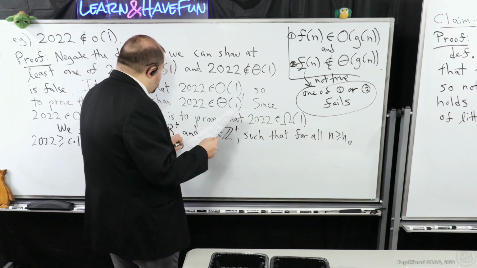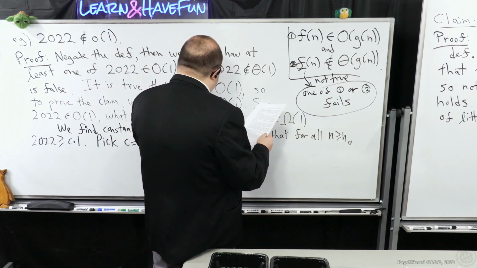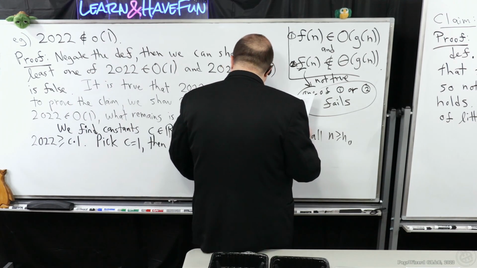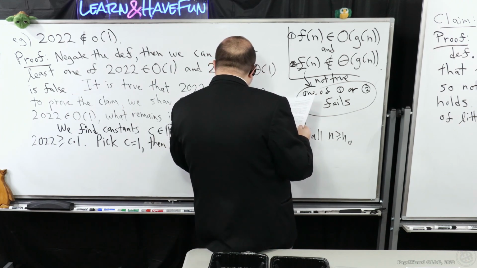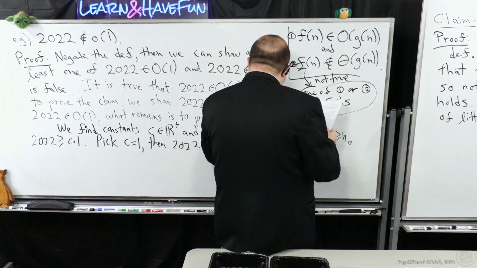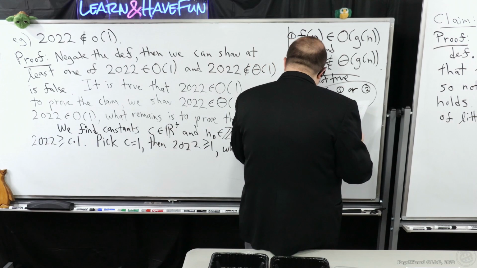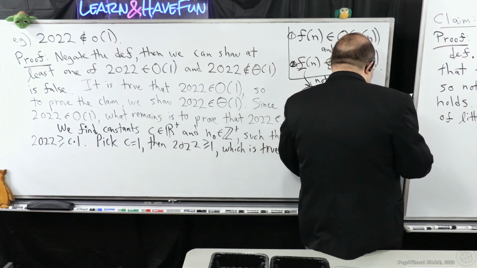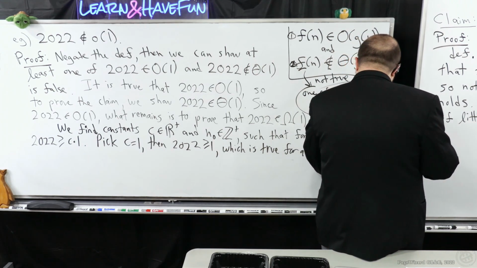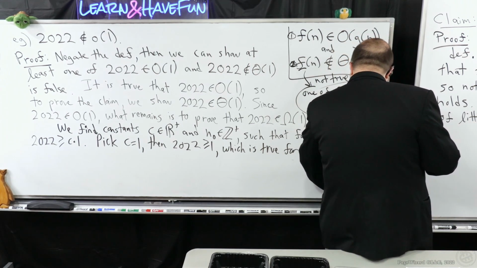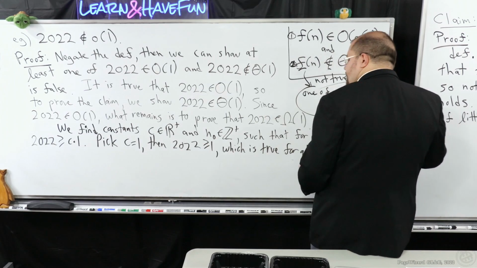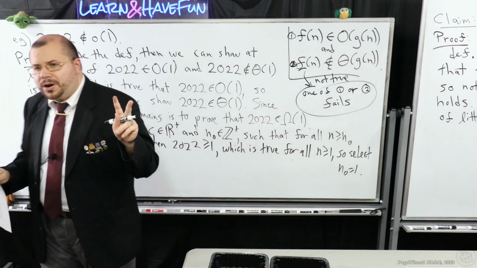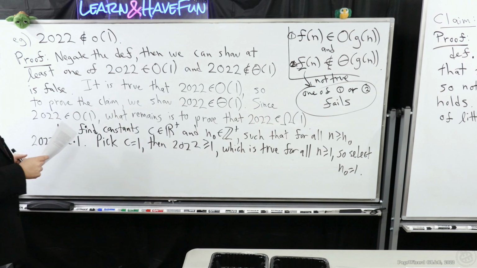Then 2022 is greater or equal to 1, which is true for all n greater or equal to 1. So select n0 equal to 1. Now we got our two constants, and we have an argument for that.